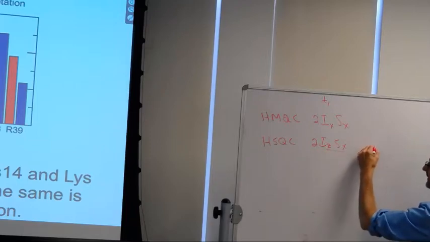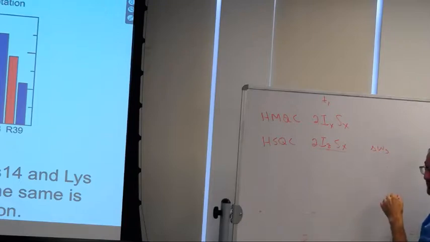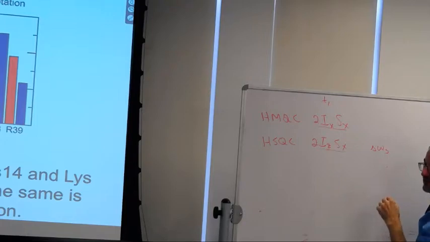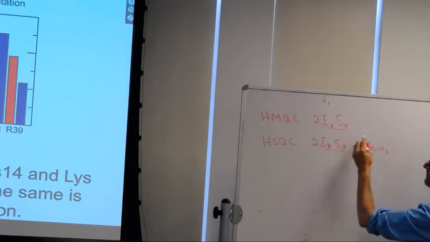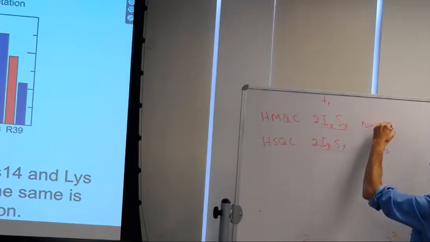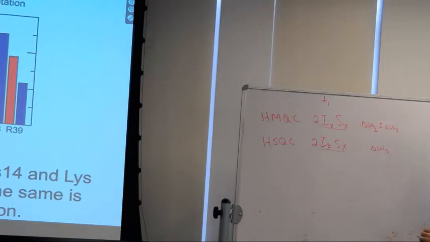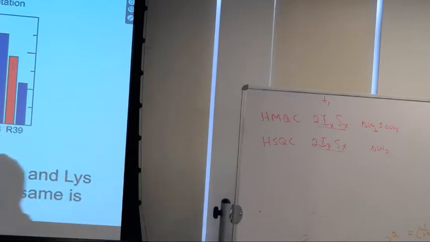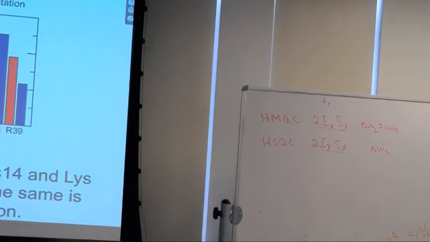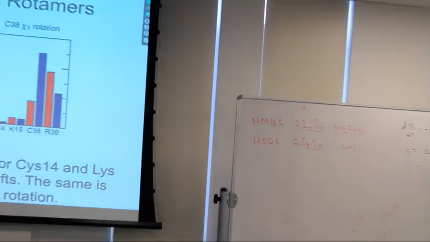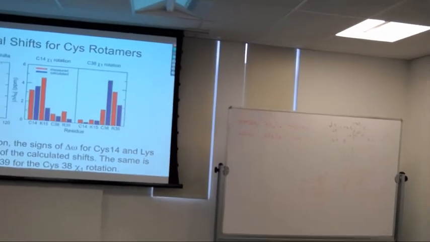broadening here depends on delta omega S. But this is a mixture of zero and double quantum coherence. So this is going to depend on delta omega I plus or minus delta omega S. And while we've talked primarily about broadening due to chemical exchange, there are also peak shifts due to chemical exchange, and you can see that in the simulations that we looked at last time.